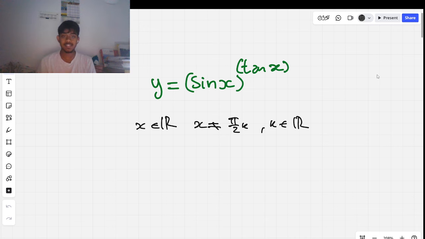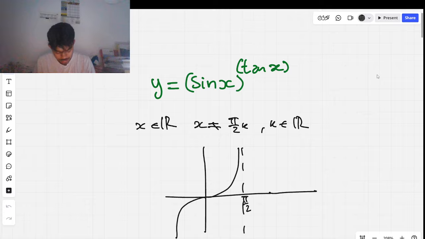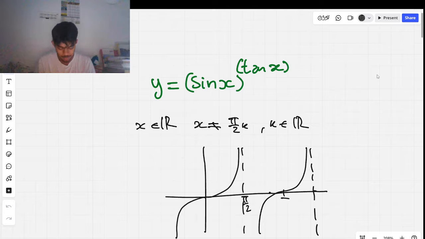The reason for this is that if I sketch the graph of tan, tan has an asymptote at pi by 2 and multiples of pi by 2. So this is pi and this is 2 pi. Actually, this is the wrong way to write this.